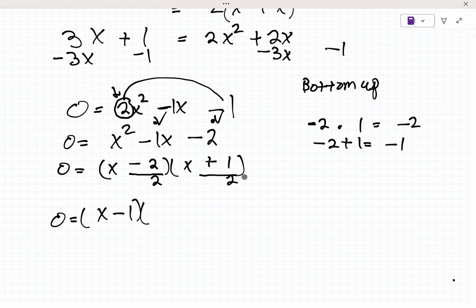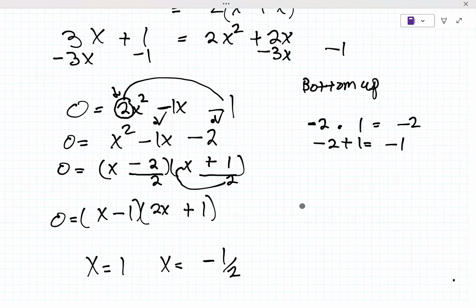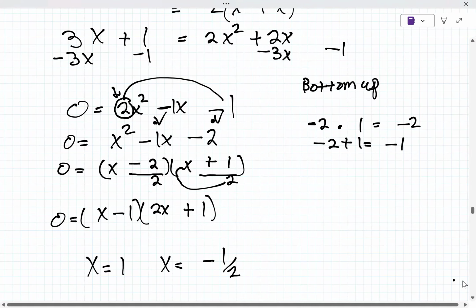First, always check if it can be reduced. No, right? 1 over 2 can't be reduced. So what you're going to do is put the 2 in front of the x and leave the numerator alone. When you actually solve for it, you get positive 1 and negative 1/2, right? And I believe both work. Yes, definitely.